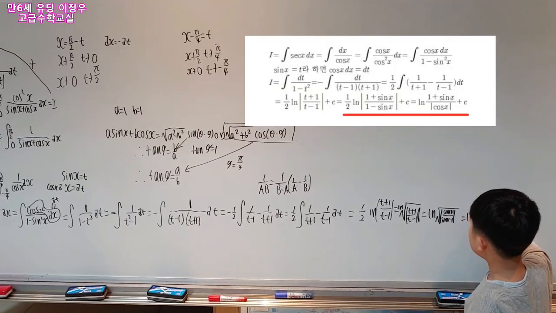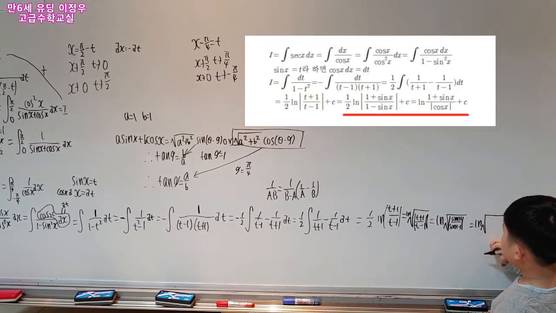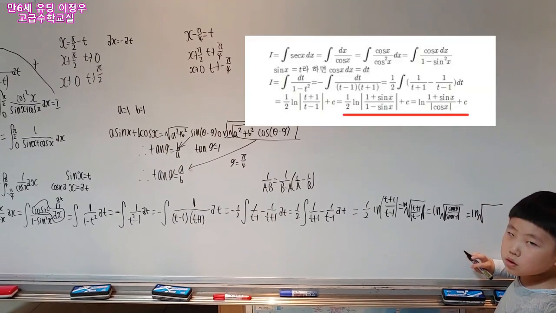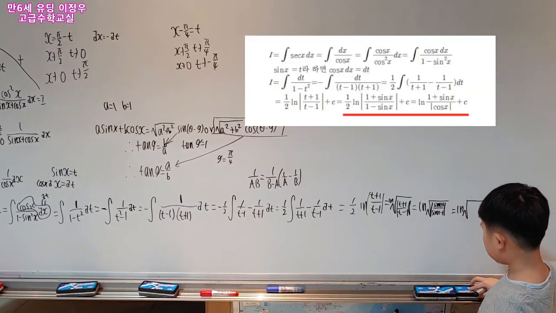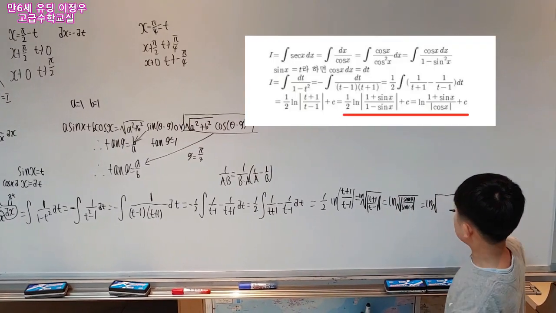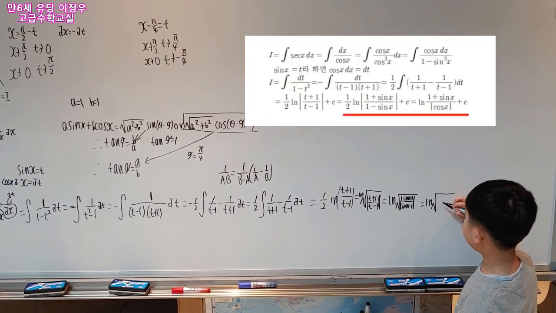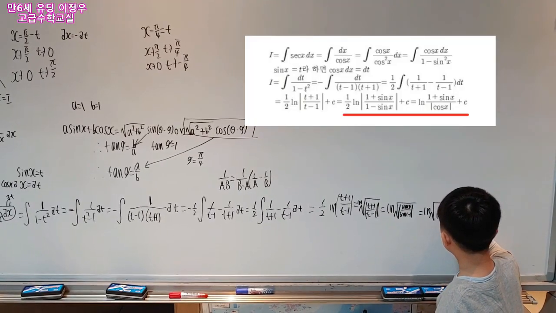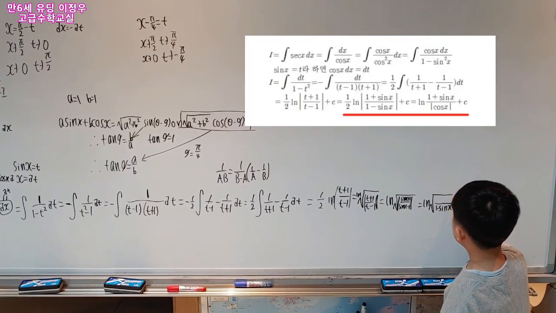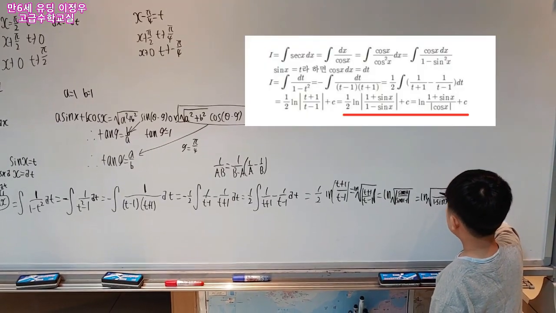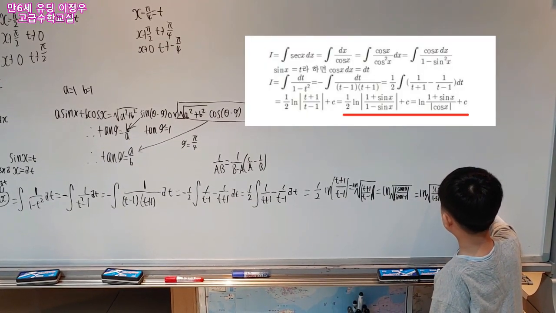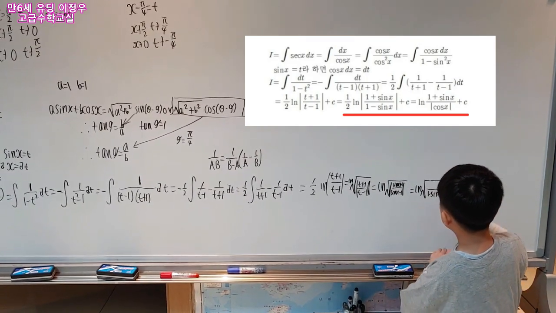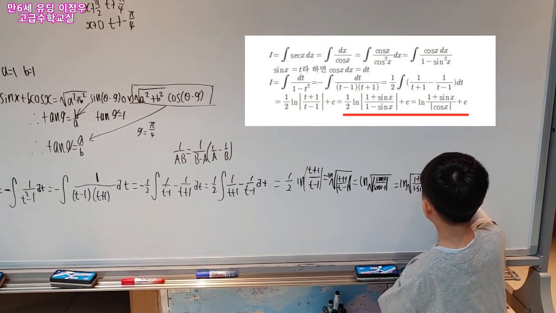So this is ln root, the minus is cancelled out, 1 plus sine x over 1 minus sine x.